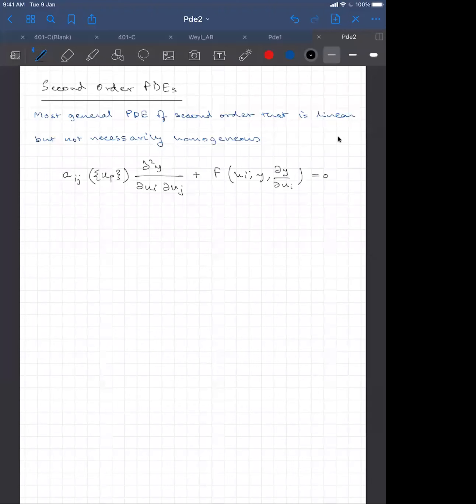Here, there is a sum implied, of course. Let me just write this down: i, j equals 1 to n.